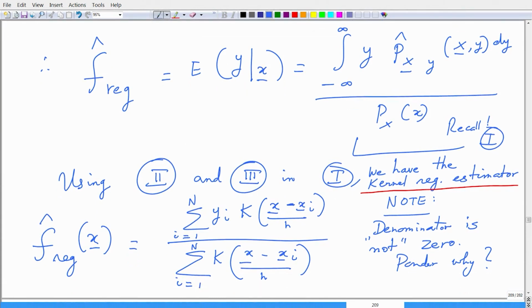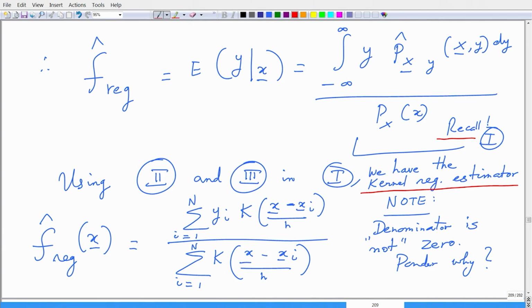This was our original equation, just sort of recalling where we started off, and then we plug in the estimate for p of x y, which is the joint density, and then p of x, which is the marginal density of x, and we arrive at a compact form.